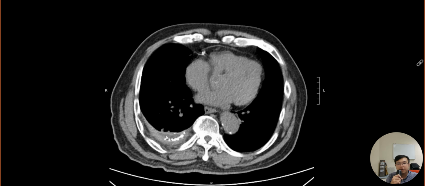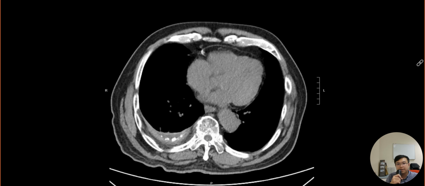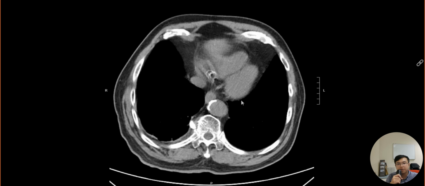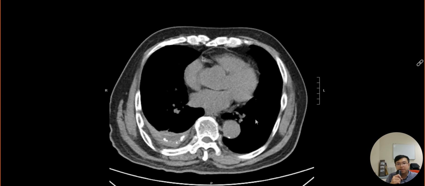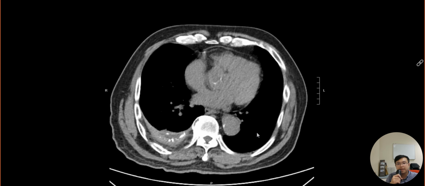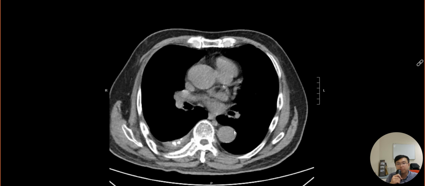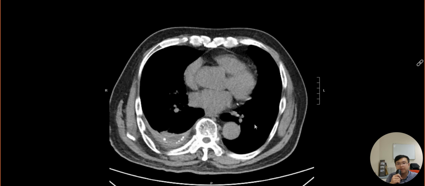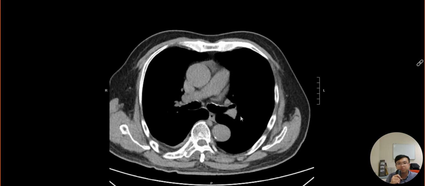If we have a prior chest radiograph, we may see it's quite static all along. So we can check the previous X-ray or even CT to see whether it is persistently similar in appearance and thickness of the pleural lining, to check whether this is really a benign chronic pleural lesion.